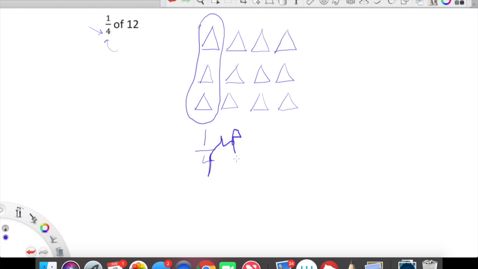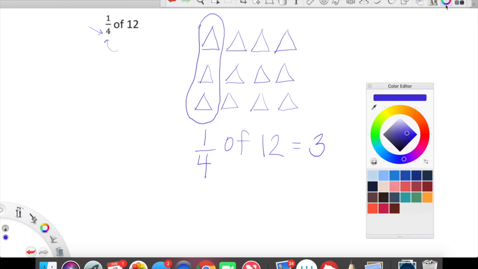As it turns out, oh no, I pressed that darn button. Goodness. As it turns out, there we go, 1/4 circled, that's 1 column. 1/4 of 12 is equal to, how many triangles do we have in that blob? Well, we have 3. Can we handle that, you guys? What if we needed to look at 2/4?